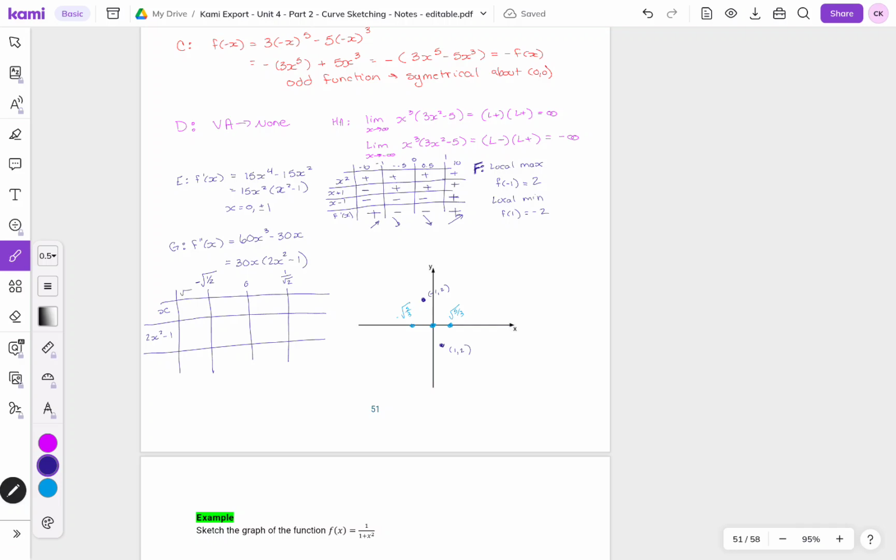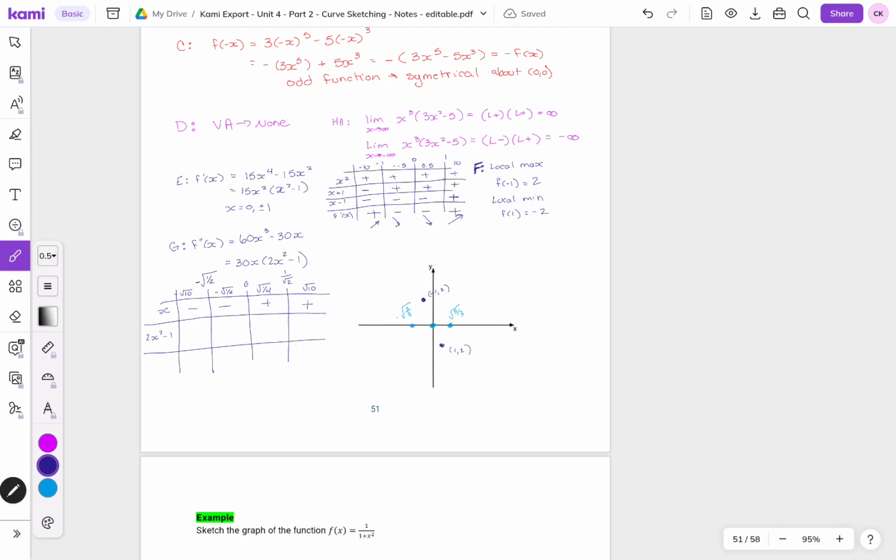So, again, we can kind of pick random numbers. Root 10, root 1/4, negative root 1/4, and negative root 10. So this one's not going to matter. Negative, negative, positive, positive.